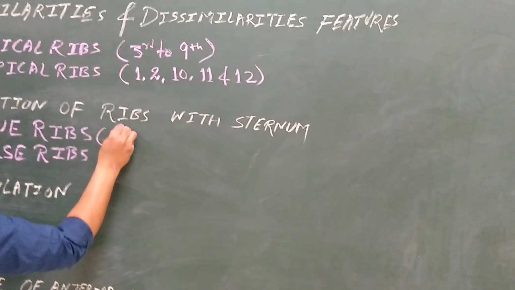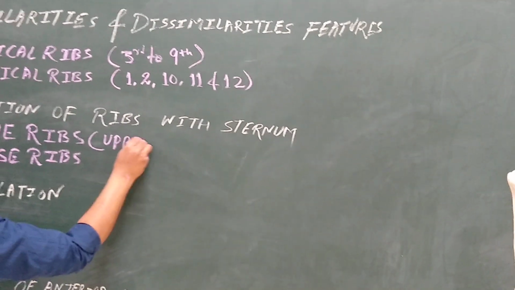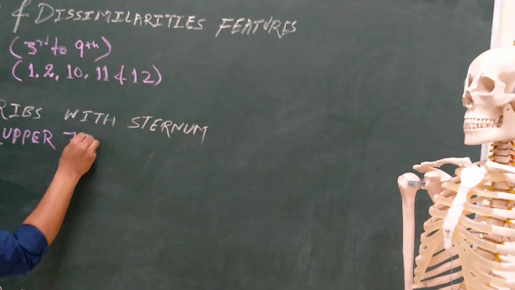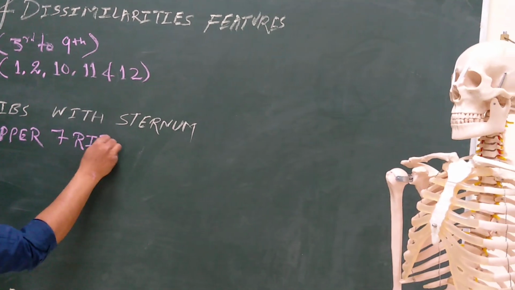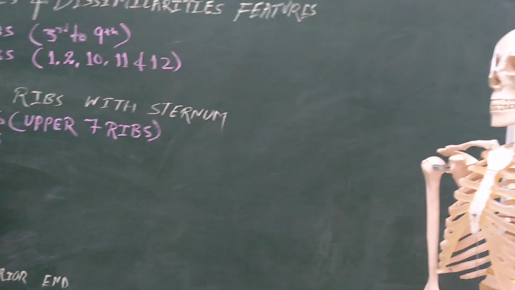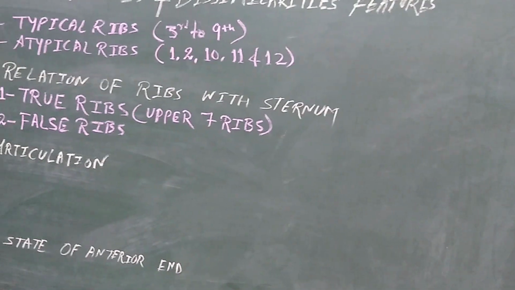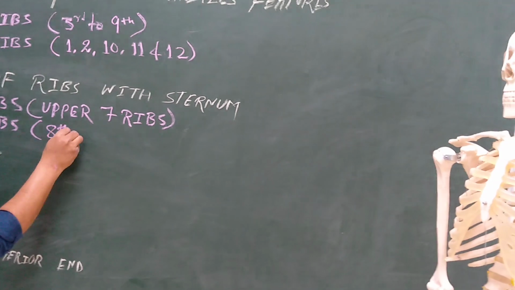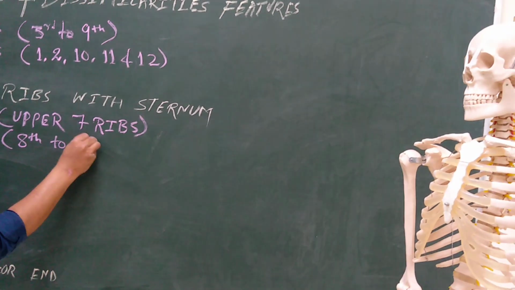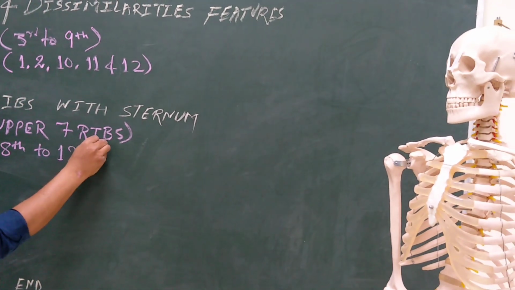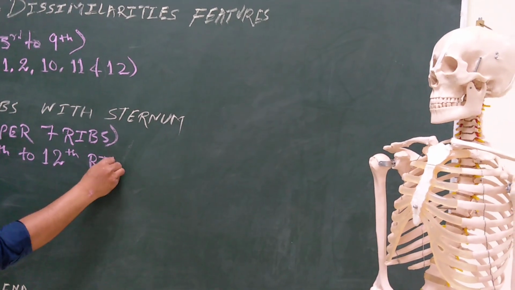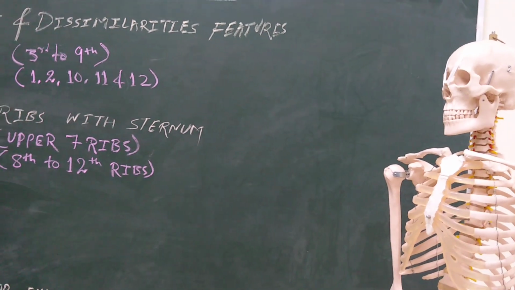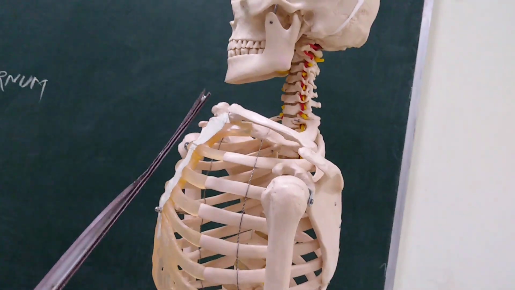The upper 7 ribs are the true ribs, and 8 to 12 ribs are false ribs.